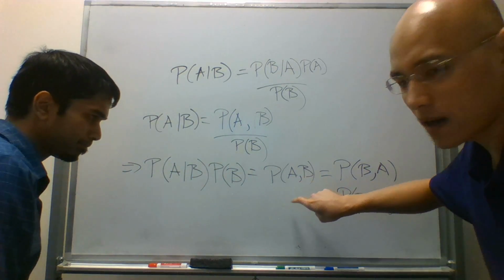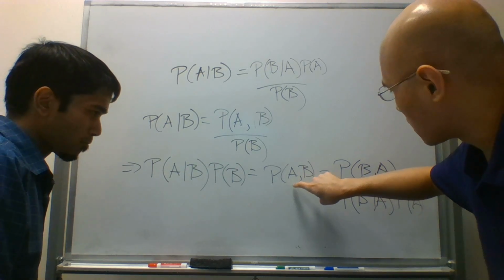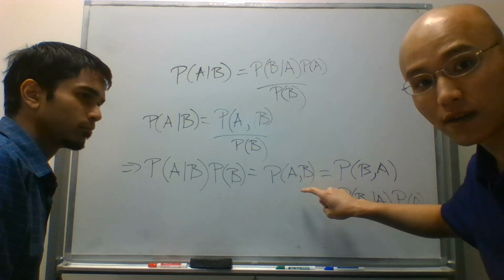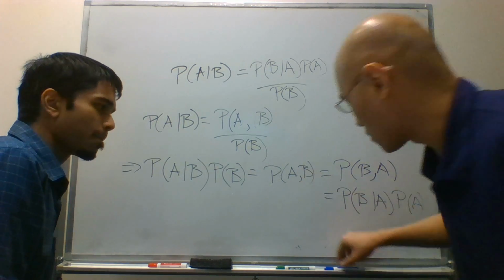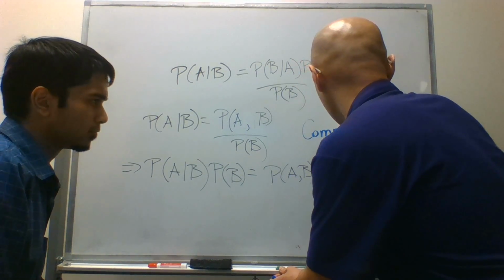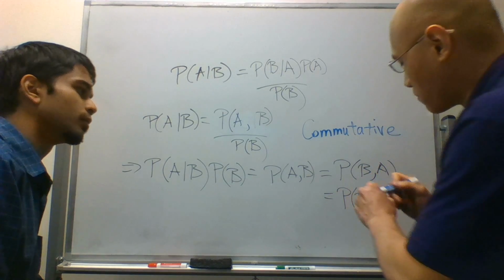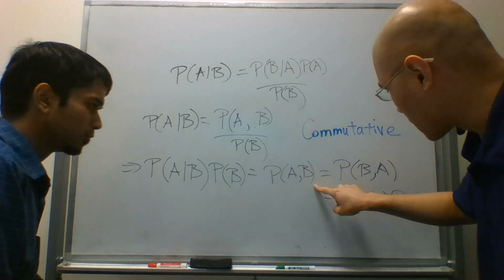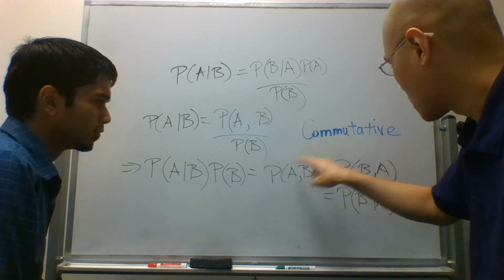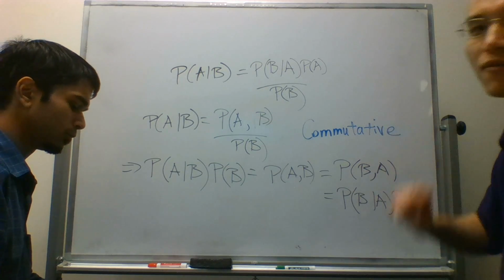I think it's important to point out here that this joint probability is commutative. The probability of A and B is the same as the probability of B and A. So this operation on A and B is commutative.